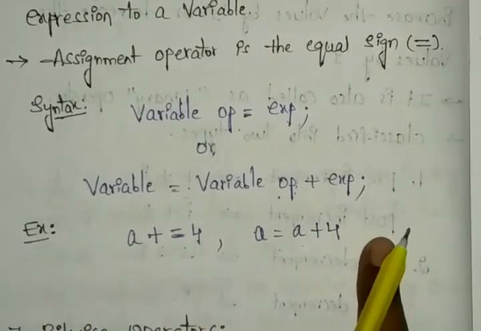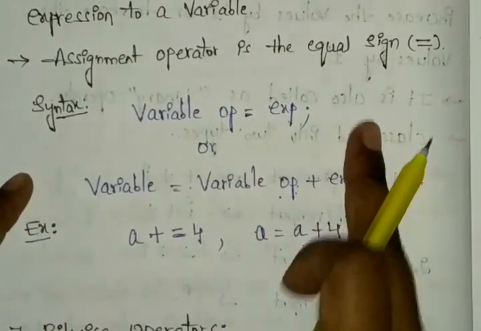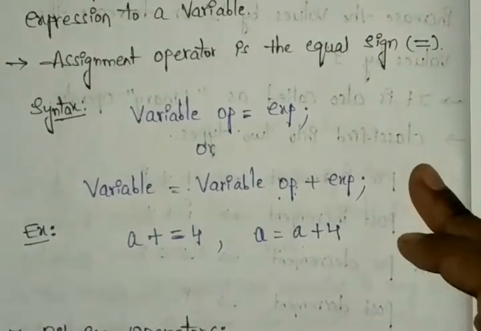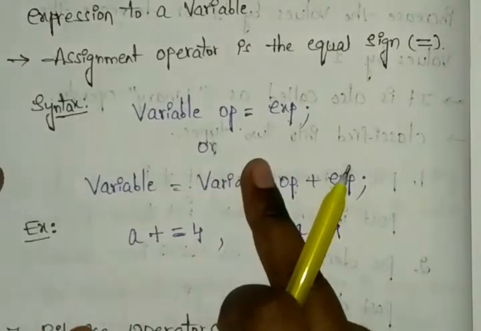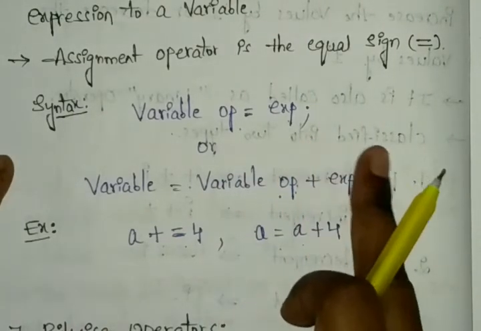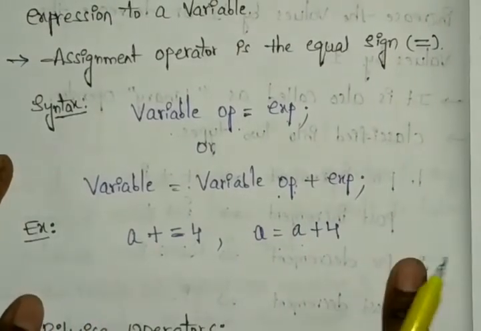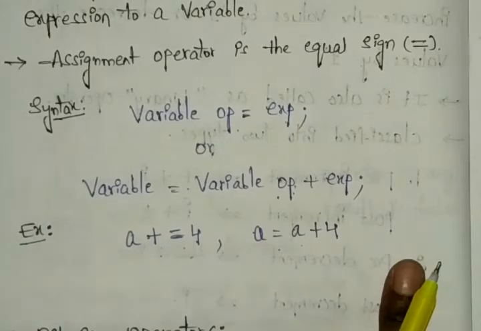So like this we can perform these two. Any one is correct. This is correct and this one is also correct. That depends on the program. So A plus equal to 4 means first we give the variable, operator, equal to, and the expression. Like this we can perform our assignment operator. Just remember, the assignment operator is the equal sign.